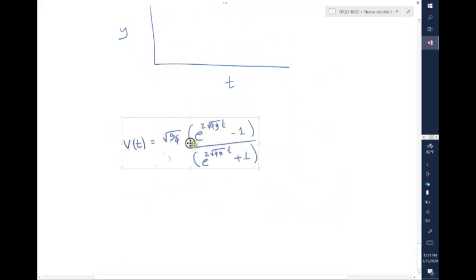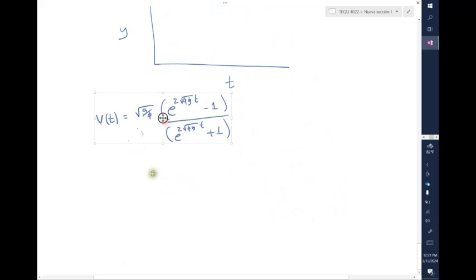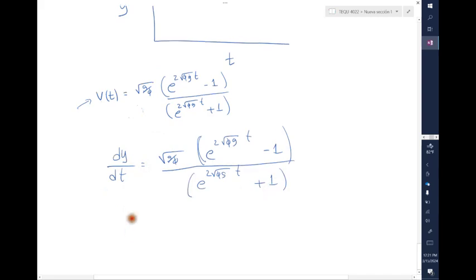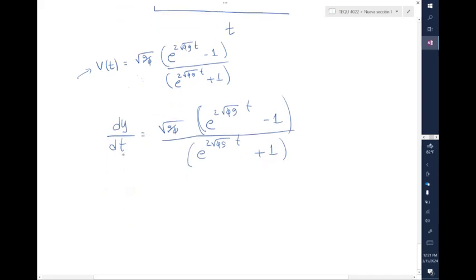There we go, nice. What is this? Well, the velocity is nothing else than the rate of change of distance with time, there we go. So we need to separate variables. That would be straightforward, because it's only a function of t, so if I multiply both sides by dt, dy equals this, dt.